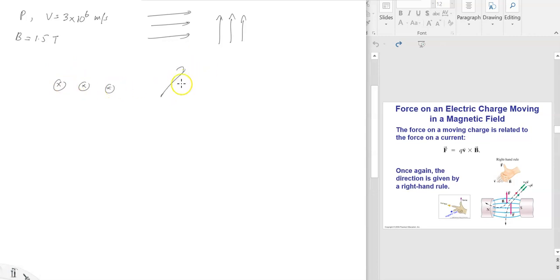It's like going into the screen. So here's the magnetic field. Proton is going perpendicular to that. So the proton can't be going into the board or out of the board. It should be to the side or up, north, south, something like that. So let's say the proton is coming from the left.